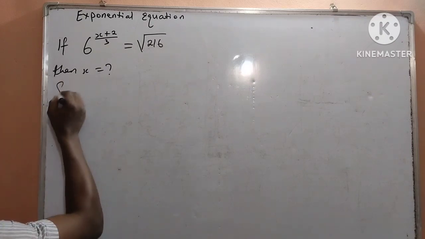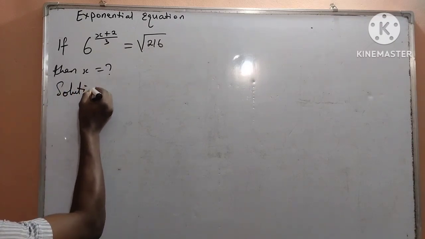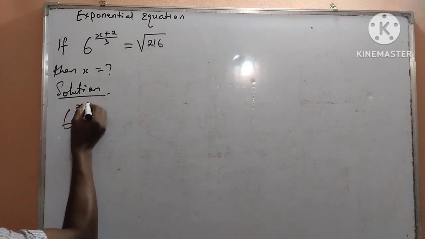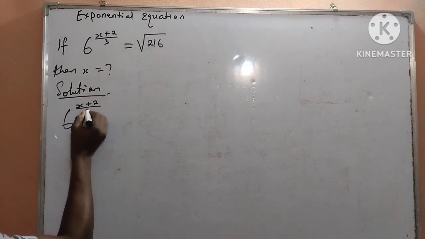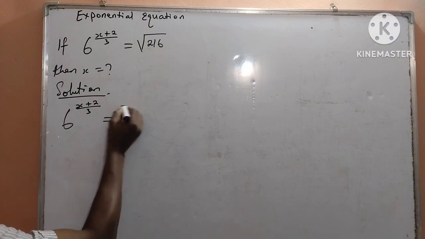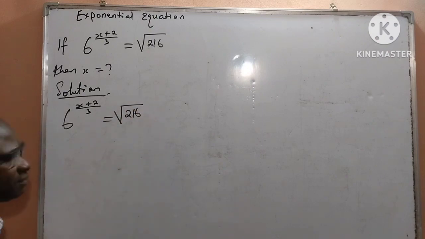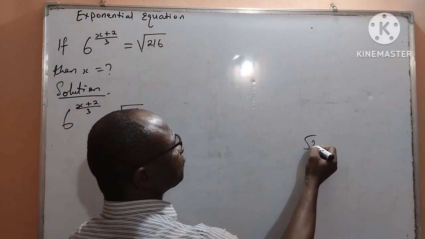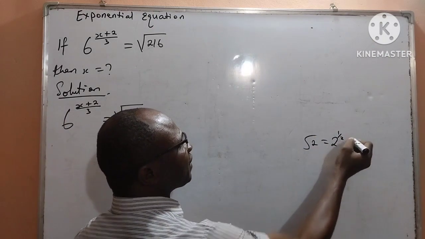Alright, the solution to this question: the question is given to us as 6 raised to (x plus 2) all over 3, and it is equal to the square root of 216. Now, if I give you square root of 2, it means 2 raised to power 1 over 2.